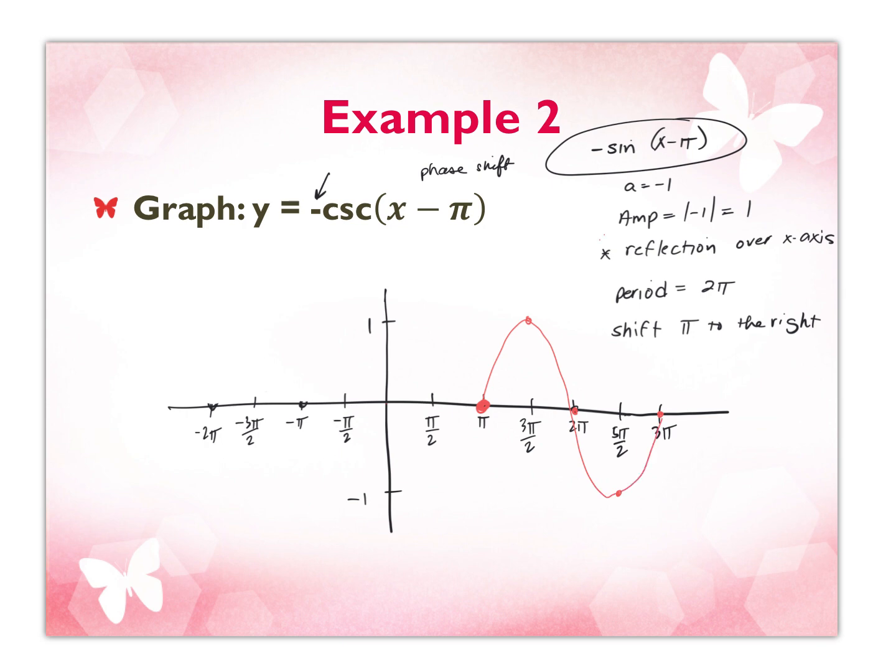However, we have to remember this reflection over the x-axis. So while my zeros are going to remain the same, my zeros are going to be in the same spot, my y values are going to be opposite, right? So I know that here 3 pi over 2 is going to go down and 5 pi over 2 is going to go up, because again this was a reflected graph, okay?